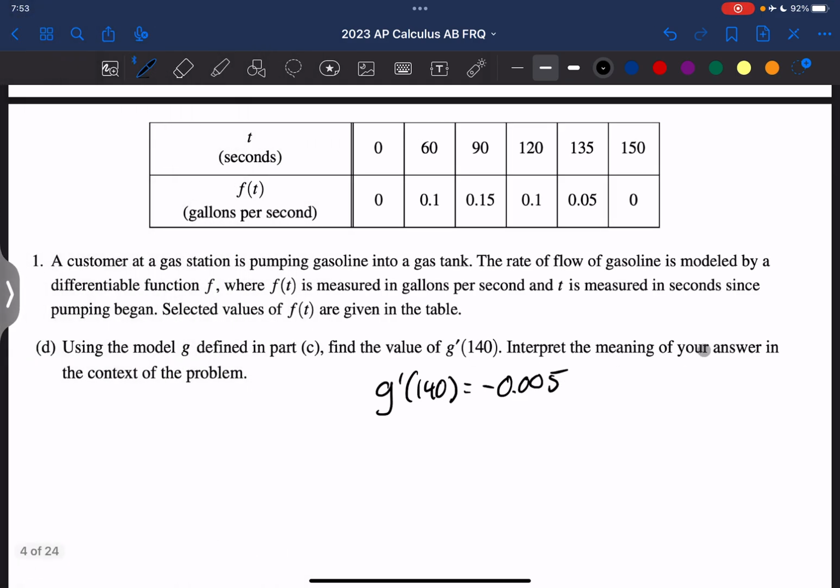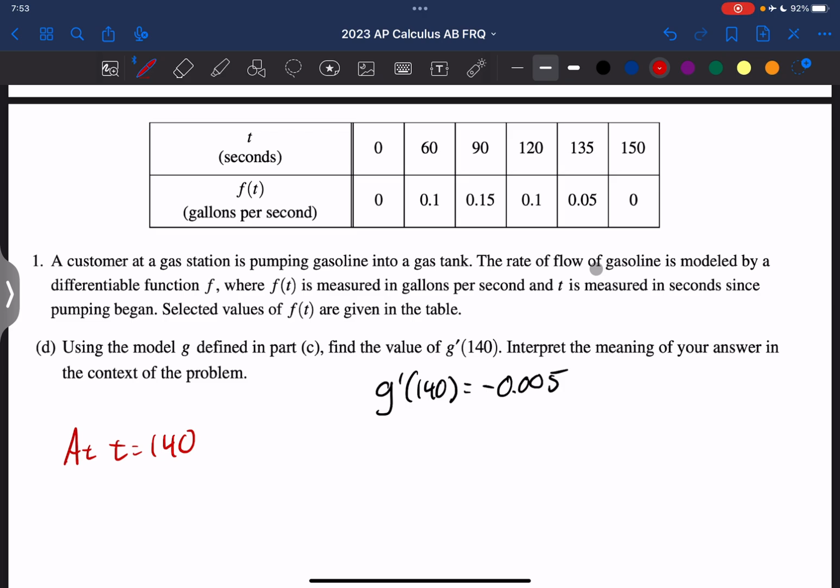And we want to interpret the meaning of our answer in the context of the problem. All right. So at t equals 140. Now g prime is the rate of change of g, and g is an approximation for f, which is the rate of flow of gasoline.